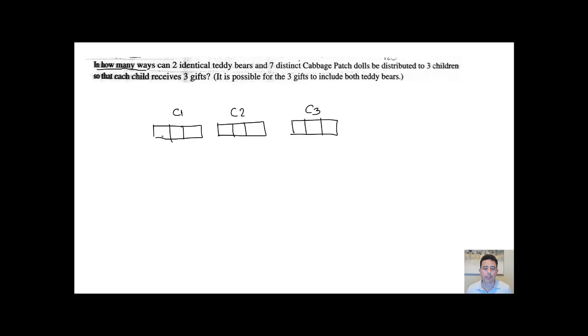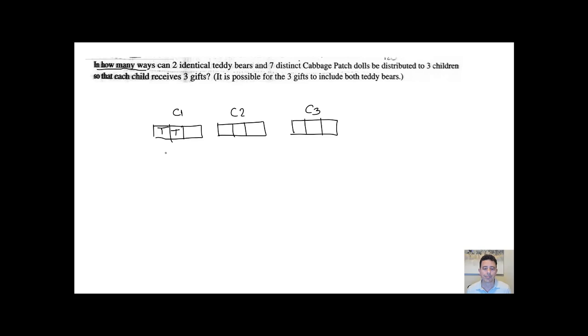And then, for example, let's say this child has 2 teddy bears. Notice there is only 2. So that means that the other spots will be all distinct elements, right?